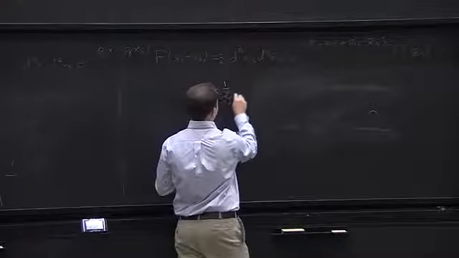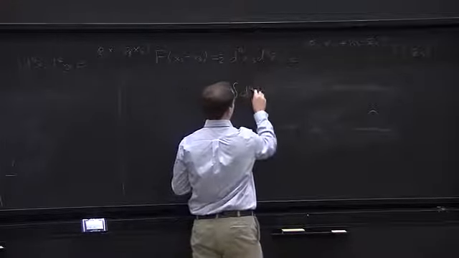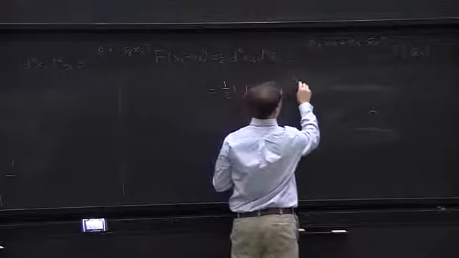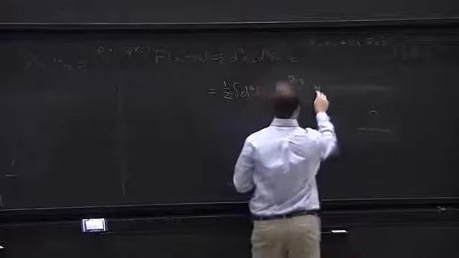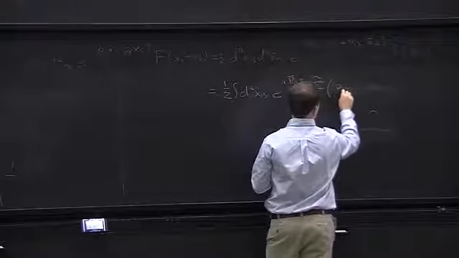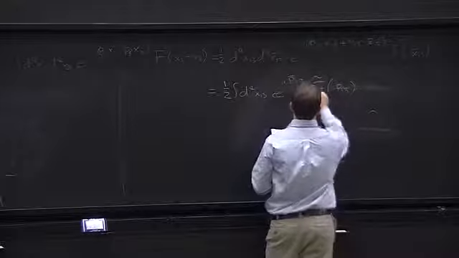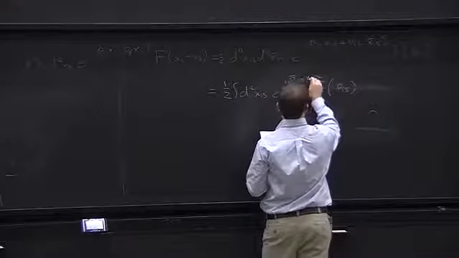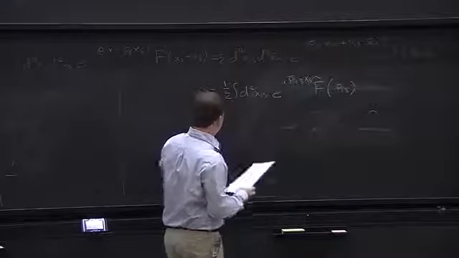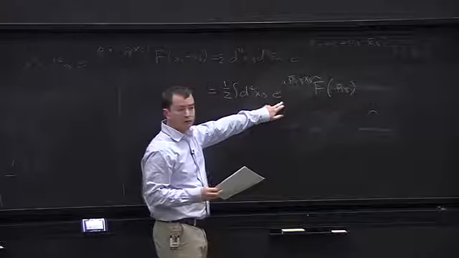So we get a half integral d4 x13 e to the i p13 bar dot x13, times f tilde of p13. And this integral gives us a delta.